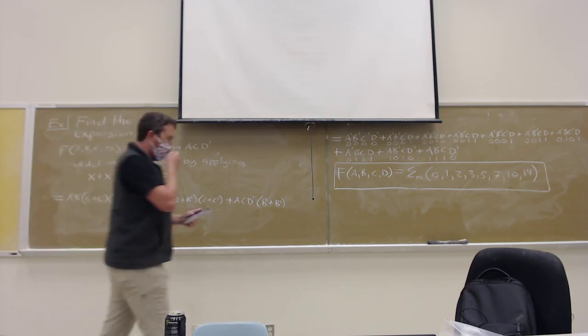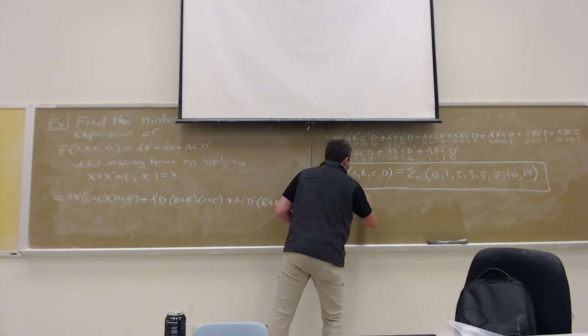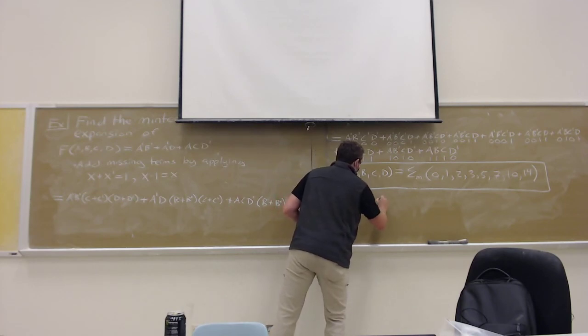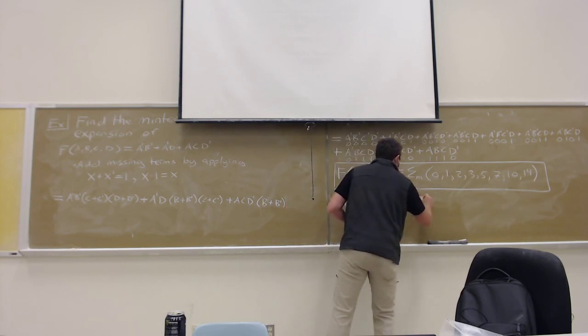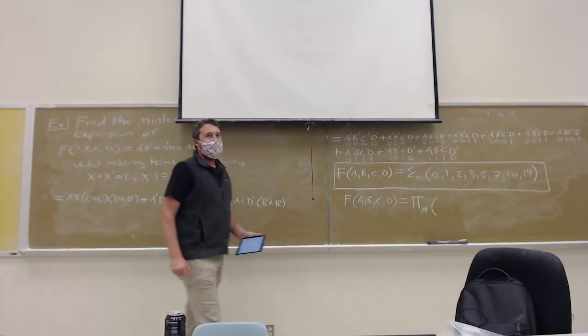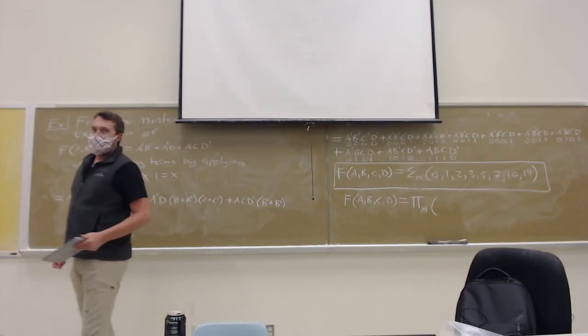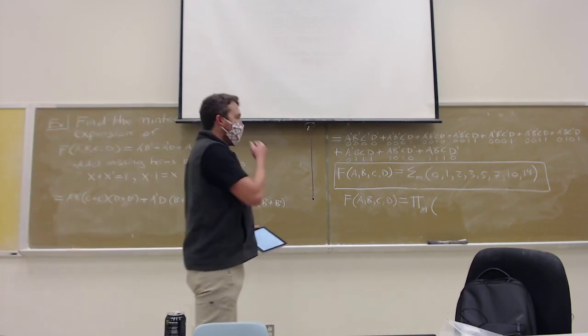Oh, by the way, while we're here, just for fun, what is our function, the same function, as a product of maxterms? We don't need to do any work to figure it out, right?